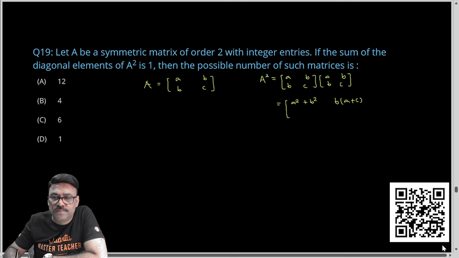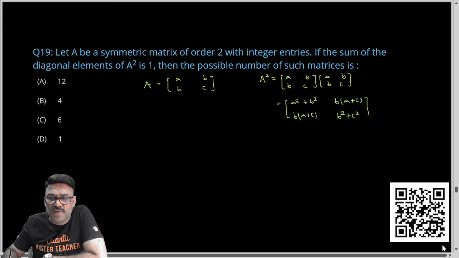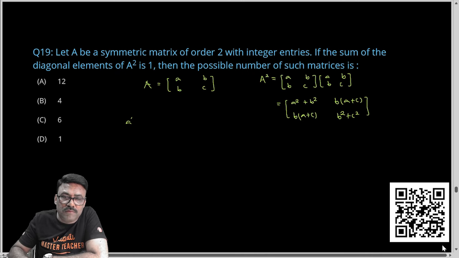Second row, first column, again B times (A plus C). And second row, second column is B square plus C square. They have given that the sum of diagonal elements of this A square is 1. So if I add the diagonal elements, A square plus B square and B square plus C square, this sum must be 1.